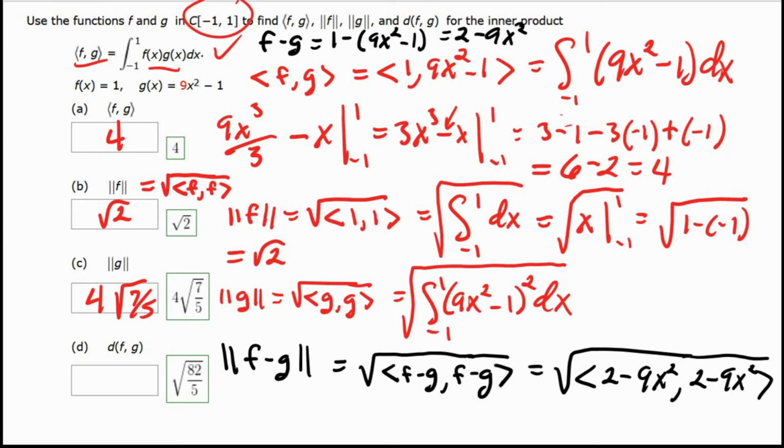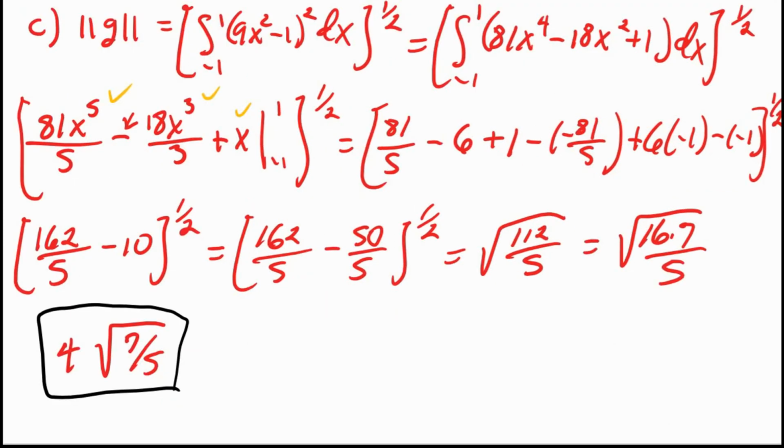So let's do that, and I think we got it in terms of my memory. Let me add a page here. So we're looking at the distance between f and g, and that's the norm of f minus g.